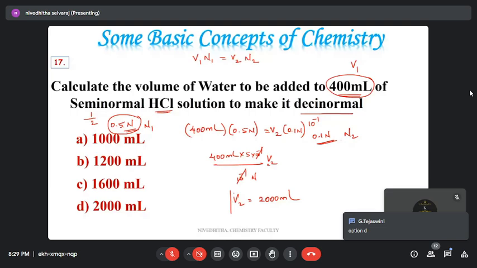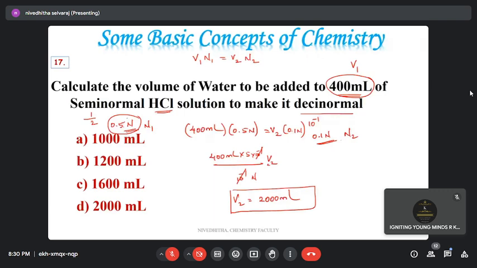So from this, what we can infer is, initially there was a solution whose concentration was 0.5 normal, from which I've taken 400 ml. Now, I've diluted this solution, and the resultant solution's total volume was 2000 ml.